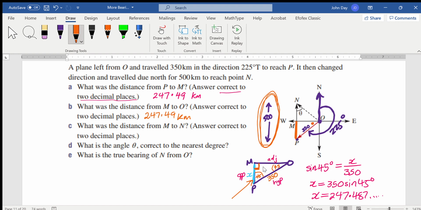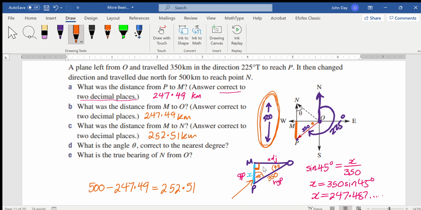So 500 is the whole distance, but take off the 247.49 that we've used up, and we can see what's left. Now, this won't be totally accurate now because we've been rounding, but they did ask us to round in part 1, so we can use that rounded answer further down as we go. So it's 252.51 kilometres.